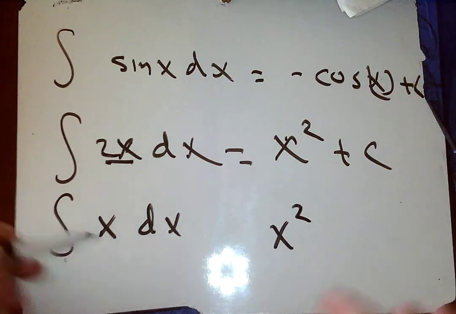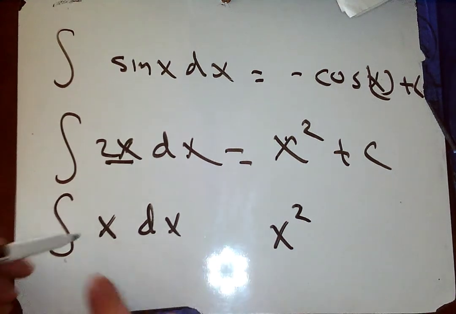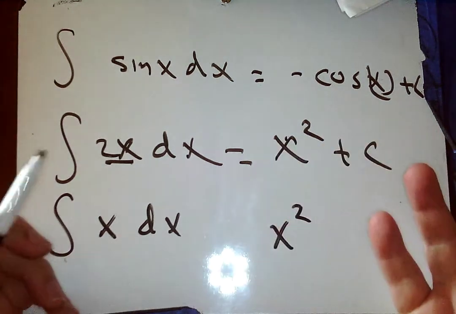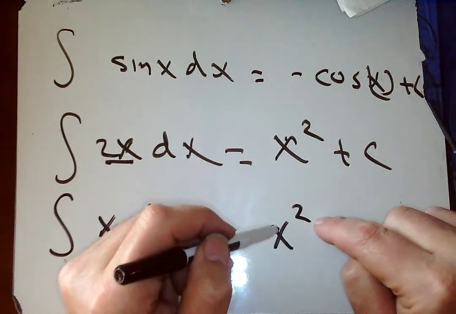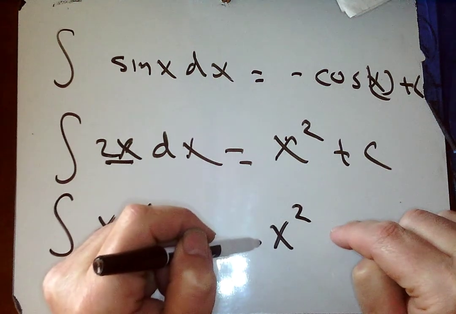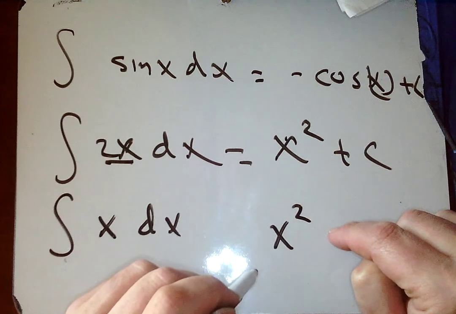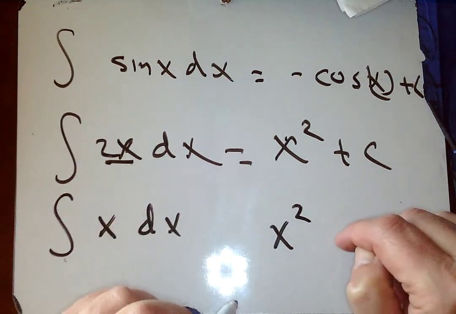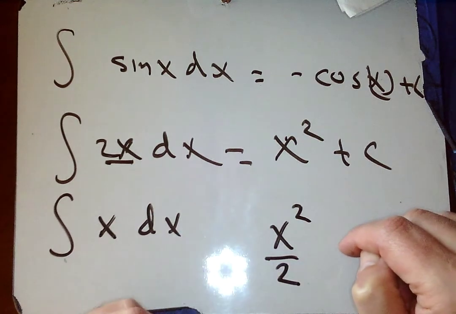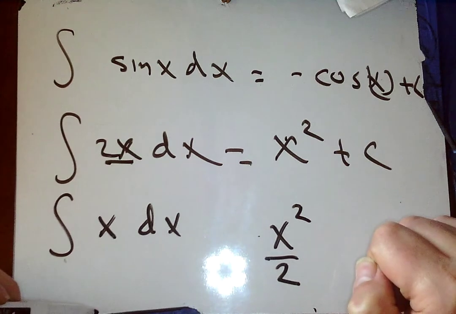But if I take the derivative of this, there's going to be a 2 in front, and there's no 2 here. So where did the 2 go? When I take the derivative of this original function, that 2 is going to come down. So there must be something on the original function so that when that 2 comes down, it cancels out and leaves me with that.